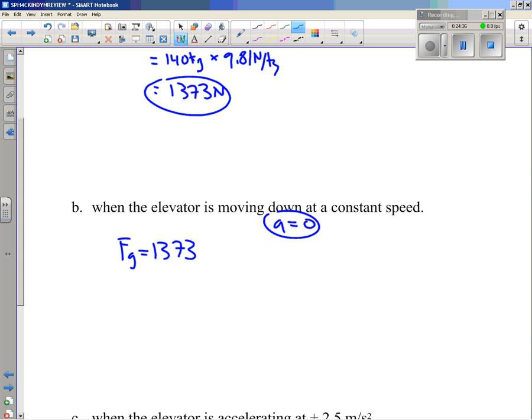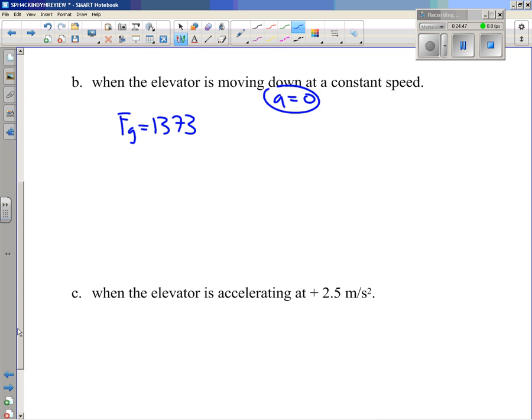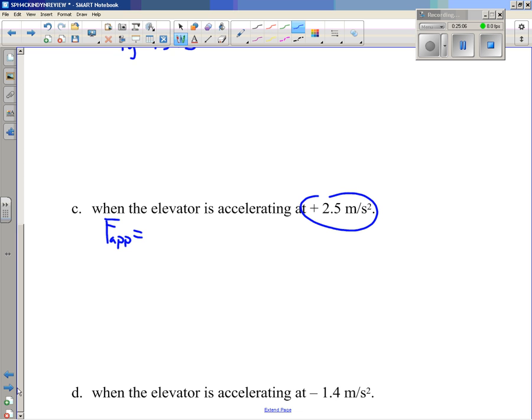Kind of like you do feel a little heavier when the elevator first starts, and you feel a little lighter when the elevator gets to the top floor. But in between, when it's going at a constant speed, you just feel normal weight, unless it's a rickety old elevator and it's not doing so well. When the elevator is accelerating up, because it's positive, at 2.5 meters per second squared, I gave you a formula called apparent weight. It's the weight that you feel when things are accelerating up or down, all right?